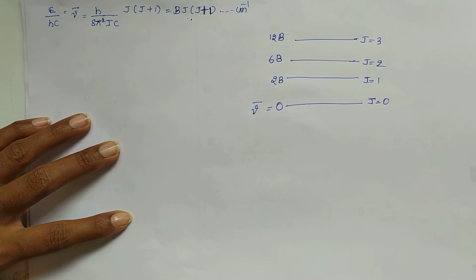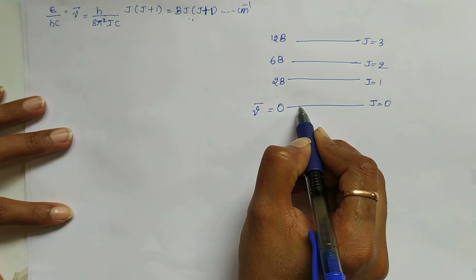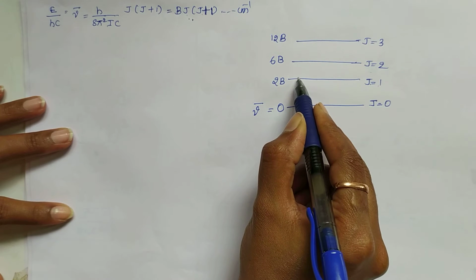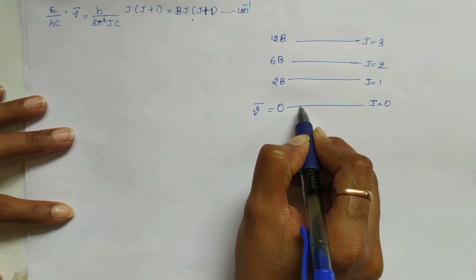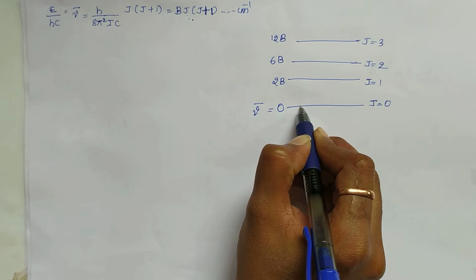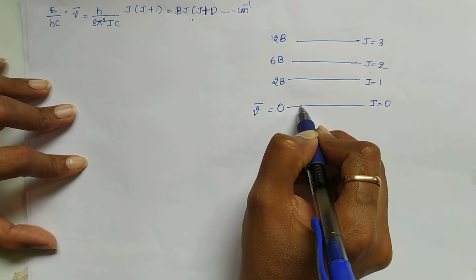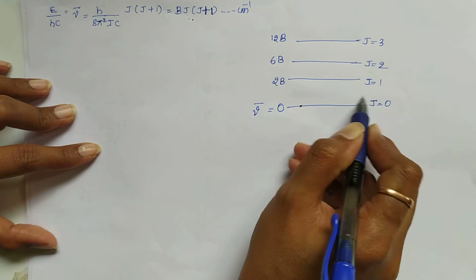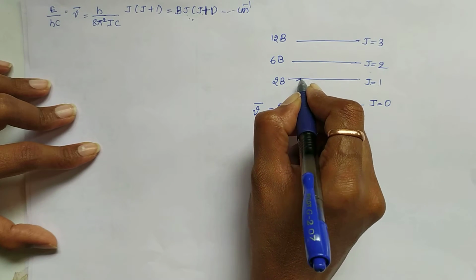So now see, a molecule in the lower energy state will go to the higher energy state. But there is a rule, a selection rule. The molecule which is in the lowest energy state is called the ground state. From here it has to go to the next energy level.